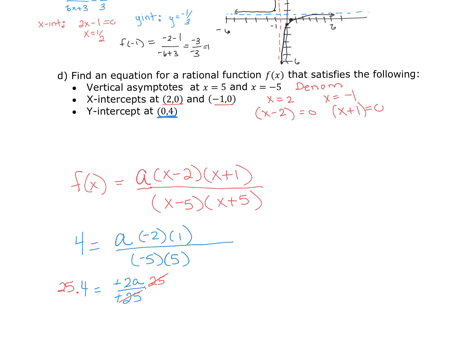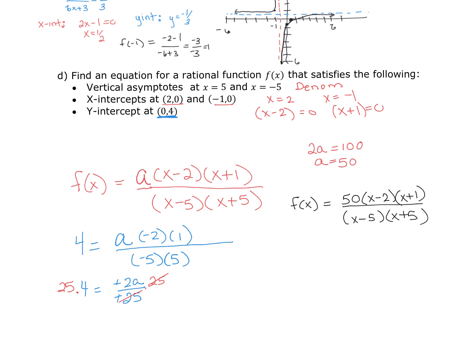So now I have 2a equals 100 and a equals 50. So our final function now is f of x equals 50 times (x minus 2)(x plus 1) over (x minus 5)(x plus 5).